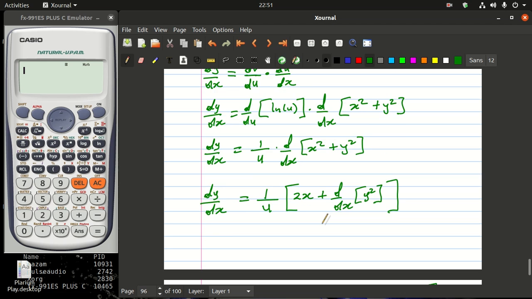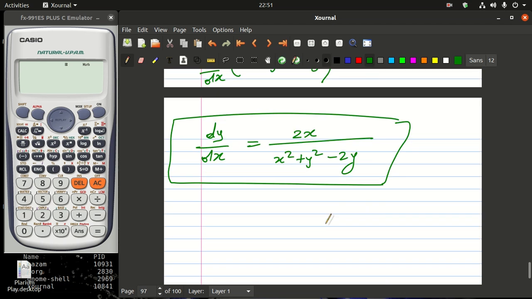So this derivative is going to be 2x divided by that, or in other words, the slope of the tangent line touching the curve y equals ln of x squared plus y squared is just given by this function here.